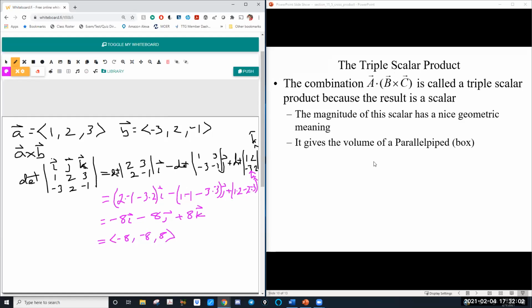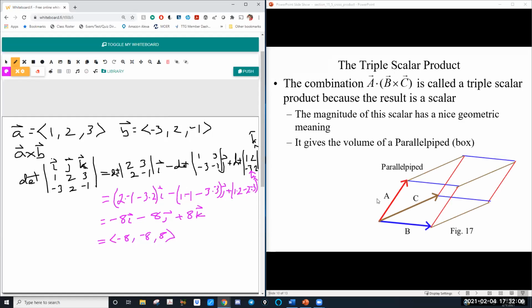It gives the volume of a parallelepiped, which is a box that is kind of slanted. This is a parallelepiped. You know, we can see we got a parallel side here and then a rectangular side on top. Rectangular side here. So it's 4 rectangles and 2 parallelograms on the end.